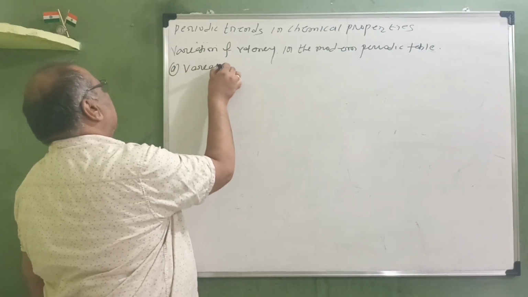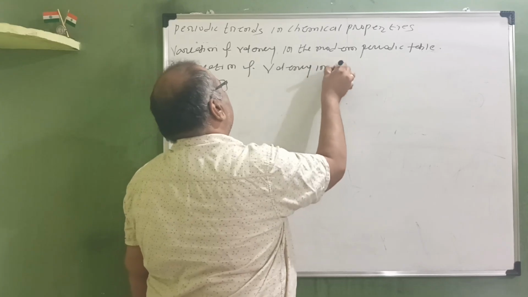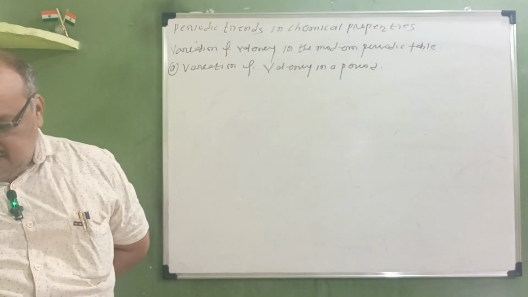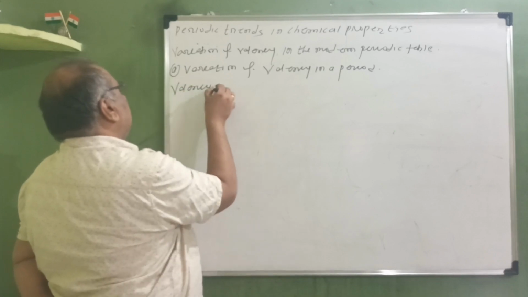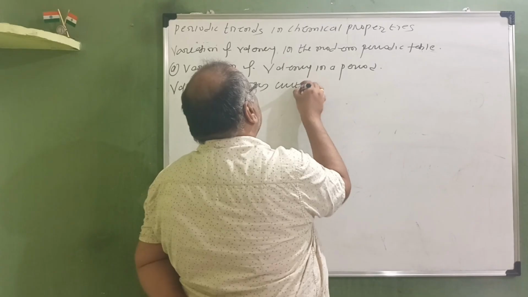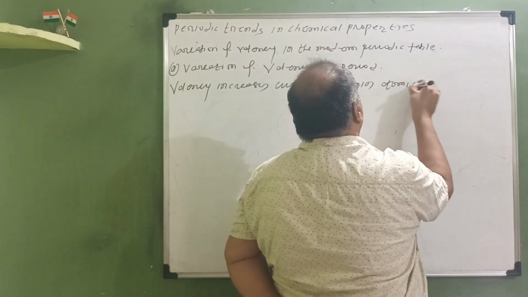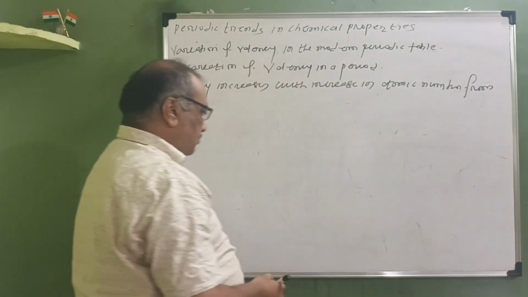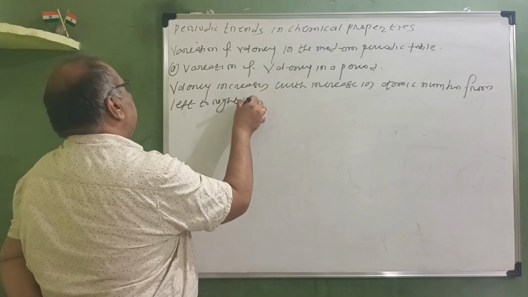Variation of valency in a period, that means here valency increases with increasing atomic number from left to right in a period.